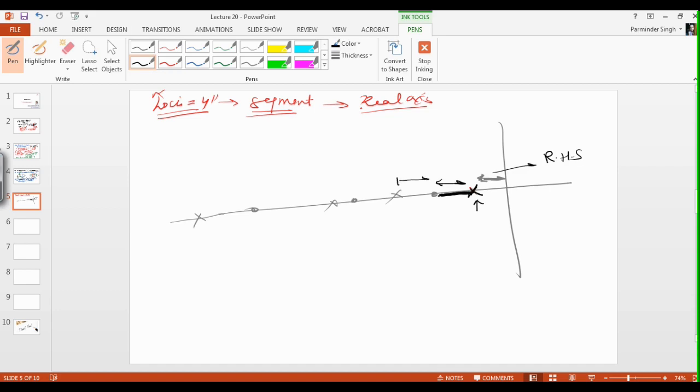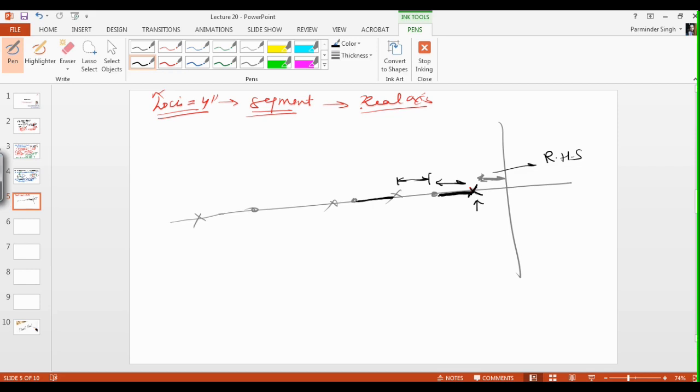Now another segment, on the right hand side we have one pole and one zero, which is even in number, because 1 and 1 is 2, even number. So this cannot be your segment. Let's take this segment. On the right hand side we have odd numbers 1, 2, 3.